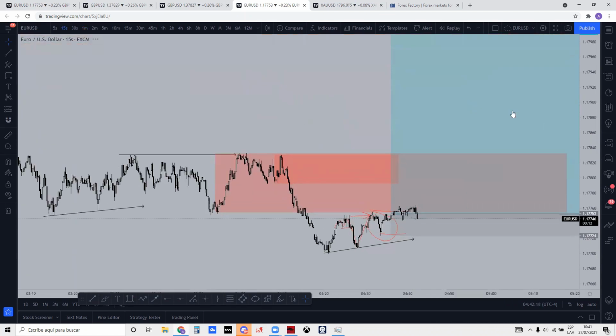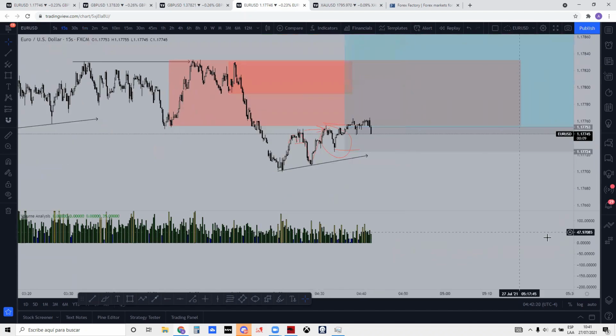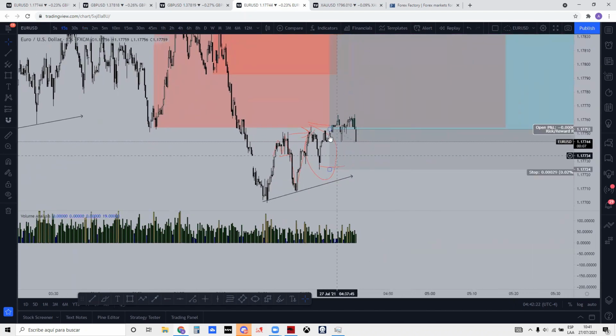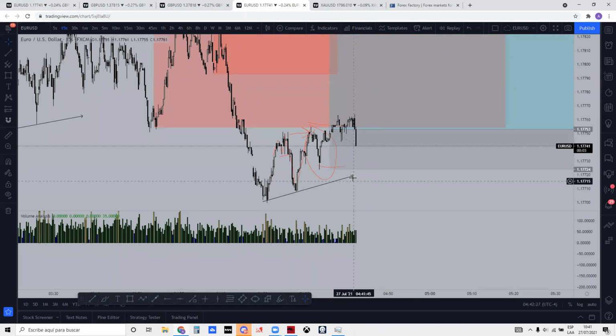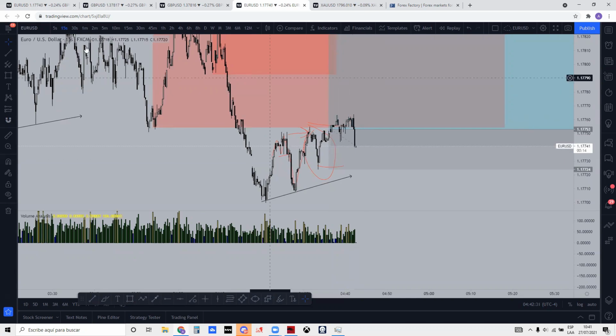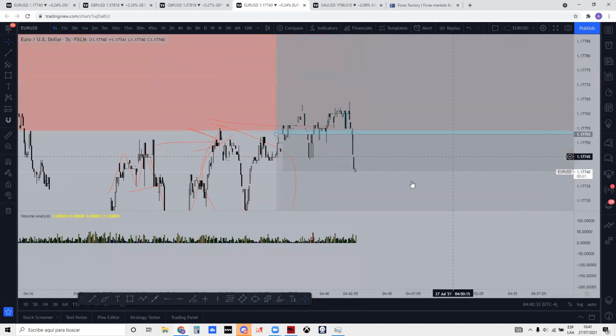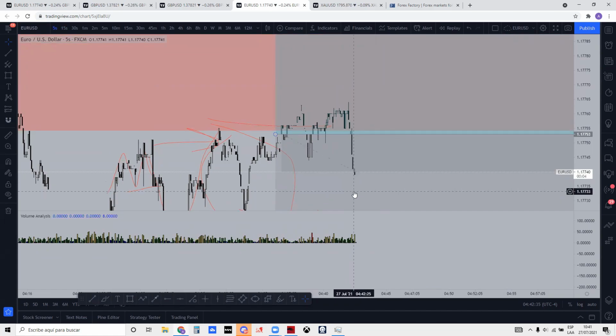And I'm not liking this price action that we have here on lower time frames at all. This is looking like a distribution. It might end up being a reaccumulation if price quickly bounces up to the upside now. However, let's see, we have high volume on the down move.